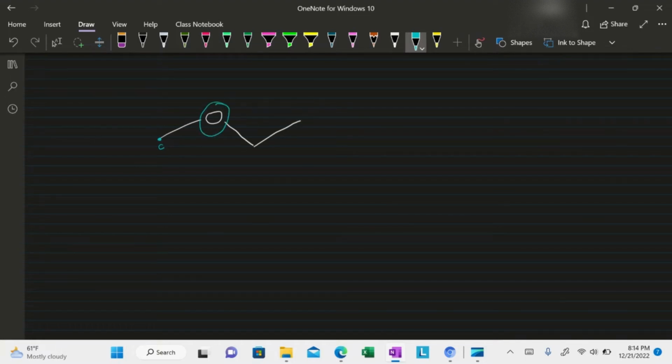This right here is an oxygen, so there's no carbon there. And any two intersecting lines, there's a carbon if it's not written there.